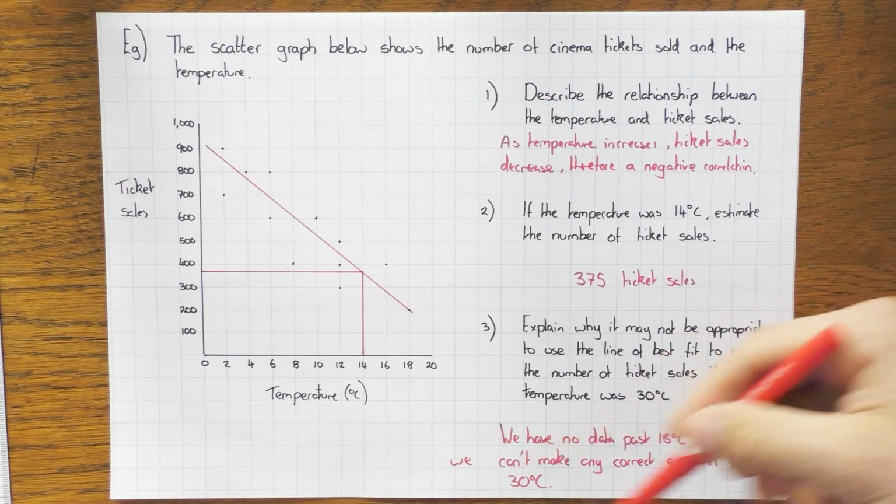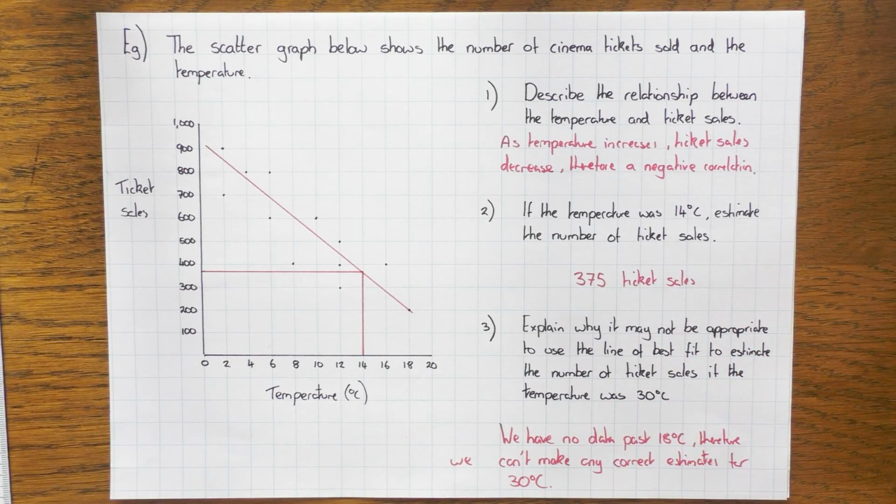Okay, so something along those lines, just basically saying we have no data past 18 degrees, so we can't make any conclusions about 30 degrees, or basically the point that they want is outside of the data range that we have. Something along those lines will get you the mark.